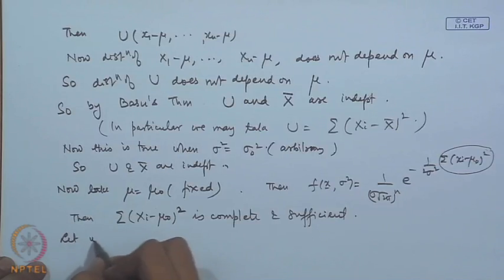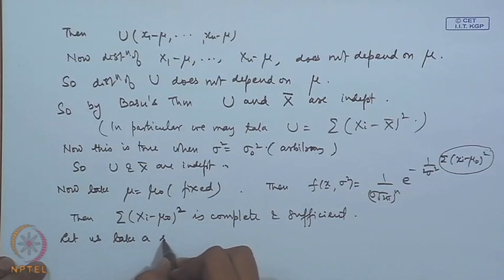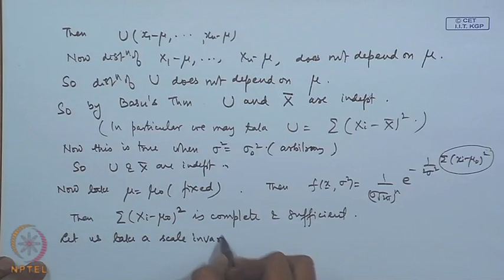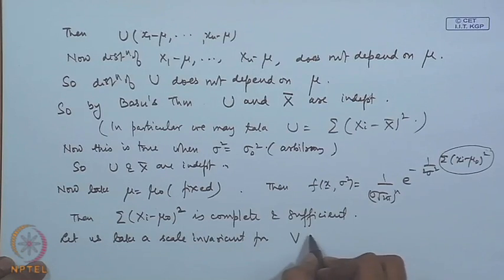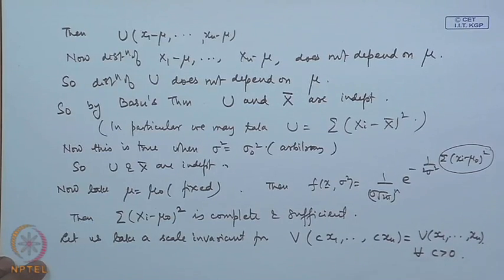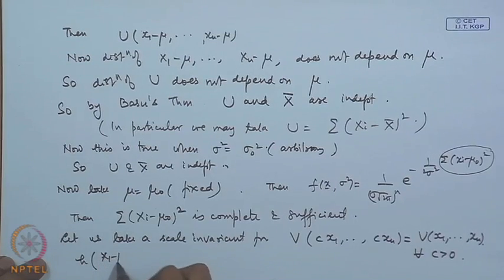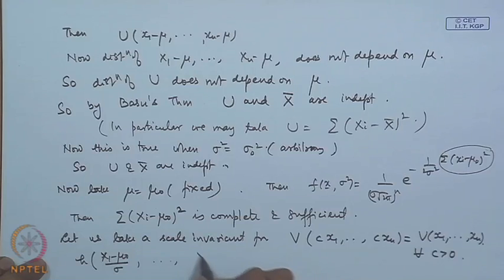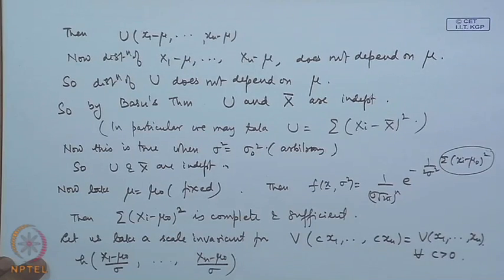Let us take a scale invariant function v, that is v of c x 1, c x 2, c x n is equal to v of x 1, x 2, x n for all c positive. Then in particular I can consider this to be a function of say h of x 1 minus mu naught by sigma and so on x n minus mu naught by sigma. Let me call it say w.